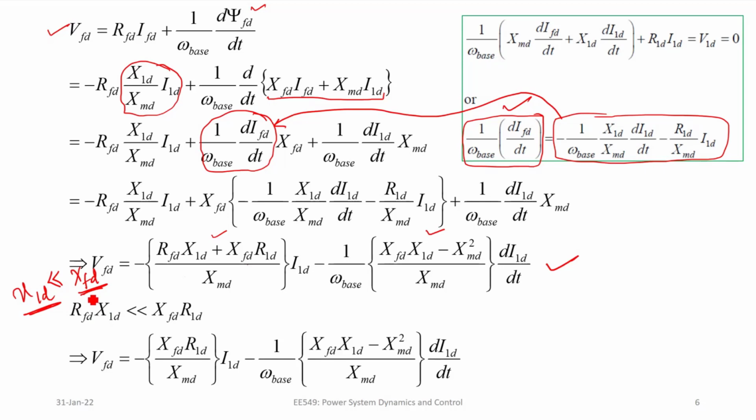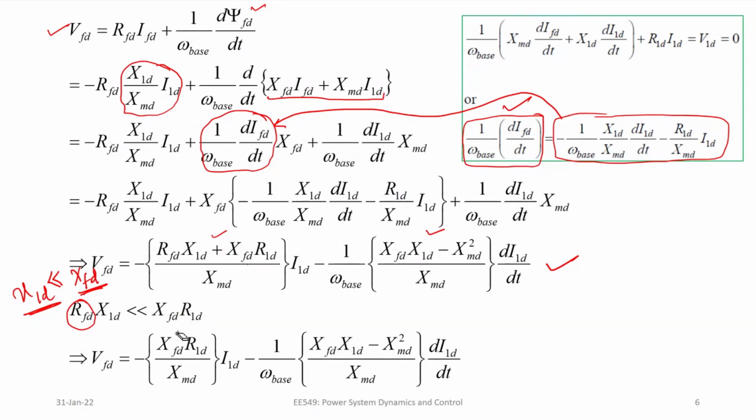And here we can see RFD into X1D is very less than XFD into R1D, because these resistance values are very less as compared to the reactance values. So therefore, we can say that RFD into X1D will be very less as compared to XFD into R1D, right?